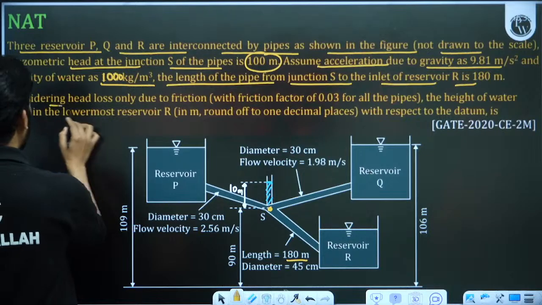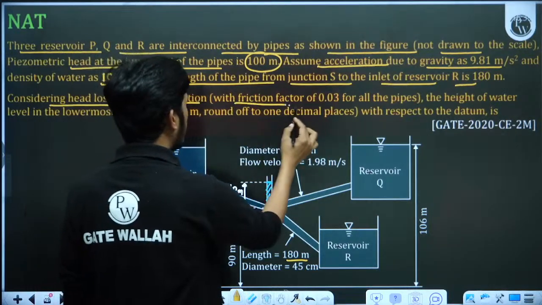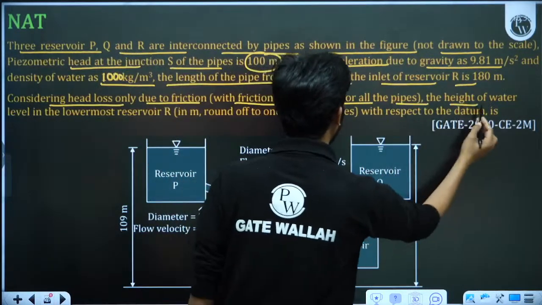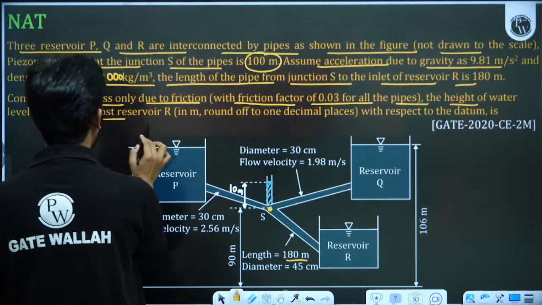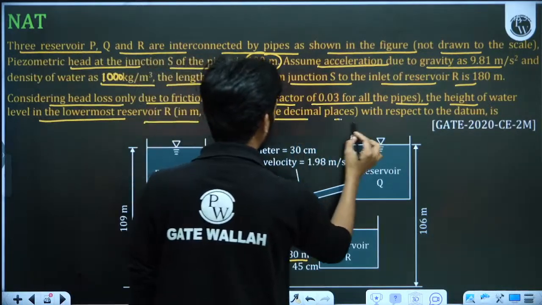Now, considering the head loss only in friction, with friction factor 0.03 for all the pipes, find the height of water level in the lowermost reservoir R in meter, rounded to 1 decimal place, with respect to the datum.